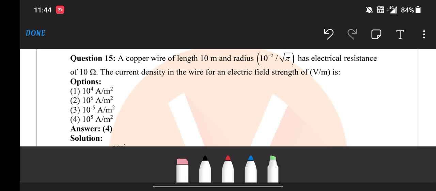The current density in the wire for an electric field E of 10 volt per meter is what?